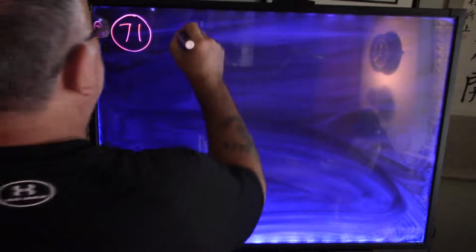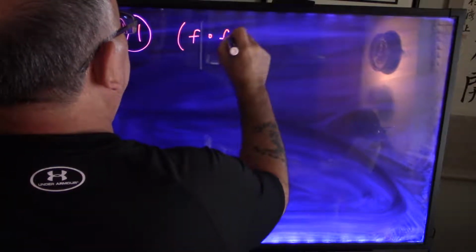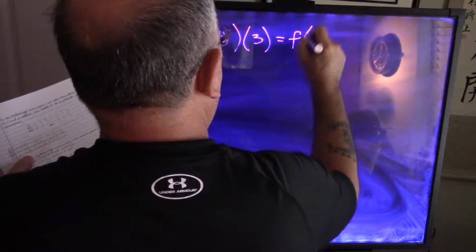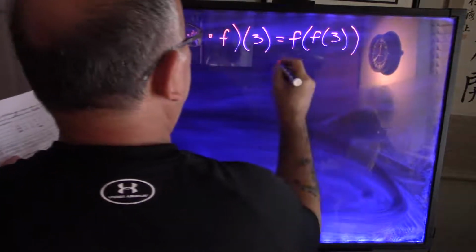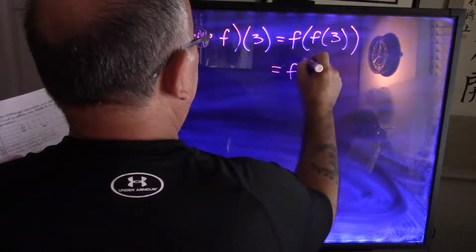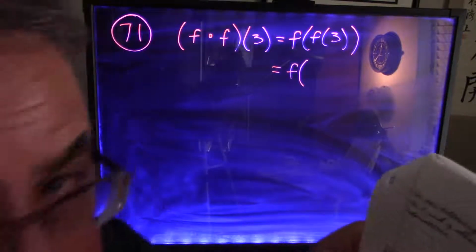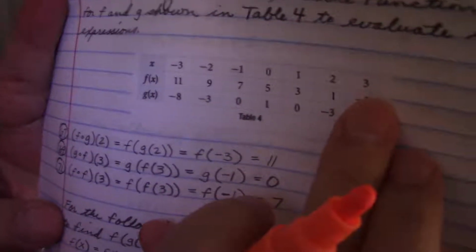Okay, number 71, we've got f composed with f of 3. So that's f of f of 3. Find f of 3. That's x equals 3 right there.